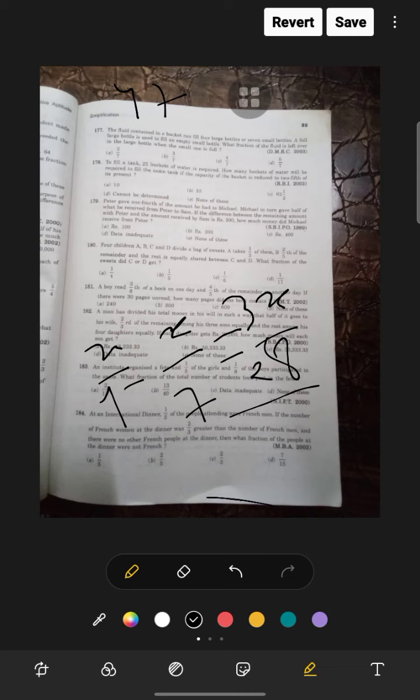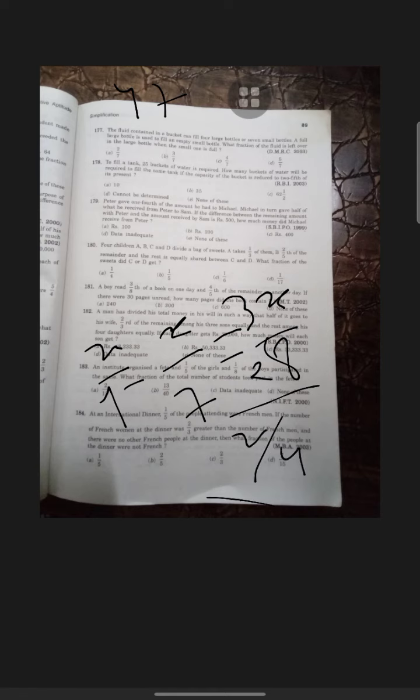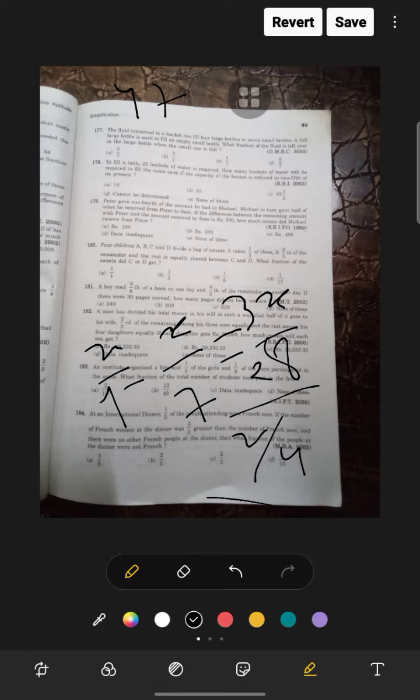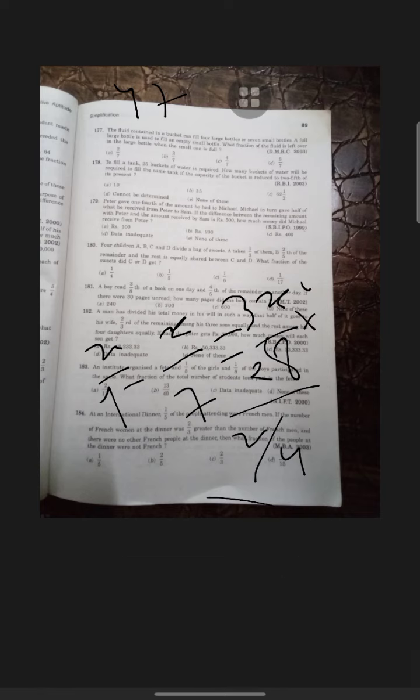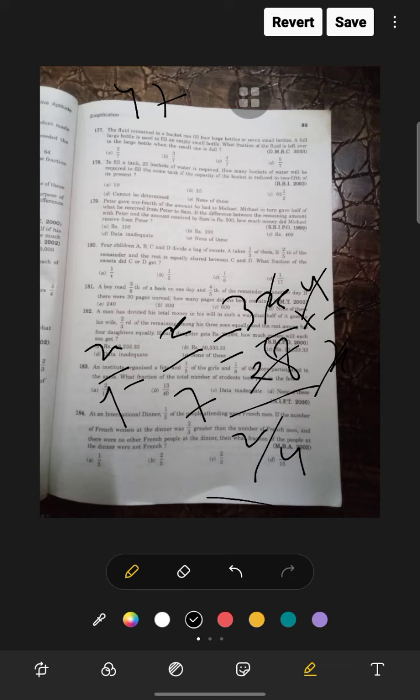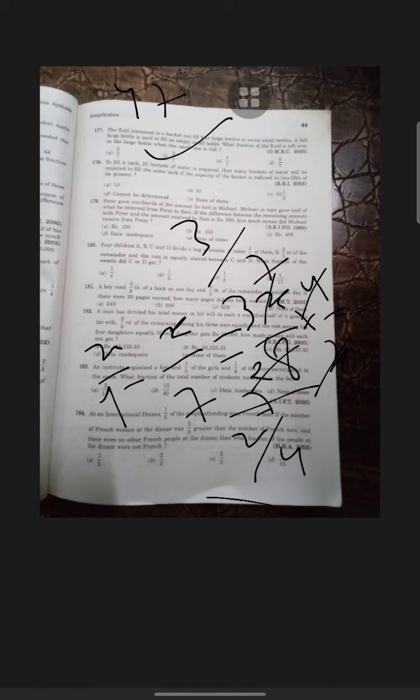So asking about the large bottle, the result will be divided by the large bottle's fraction, x by 4, and we get 3 by 7. So 3 by 7 will be the answer.